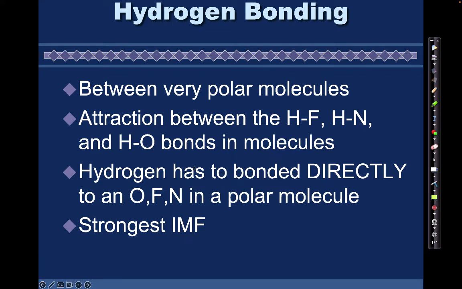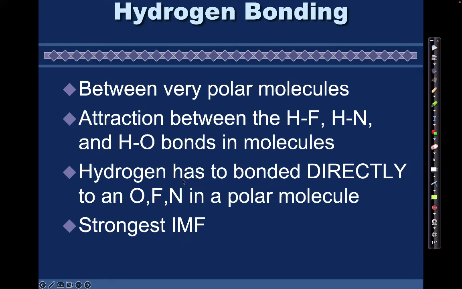All right, so hydrogen bonding is a special type of dipole-dipole. It's very, very strong. This happens when you have a hydrogen covalently bonded directly to an O, N, or F, okay? The O, N, and F are the most electronegative atoms that we have.